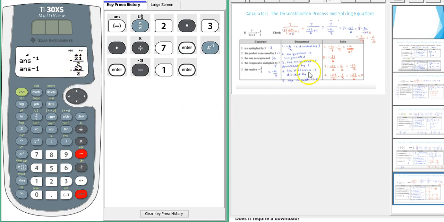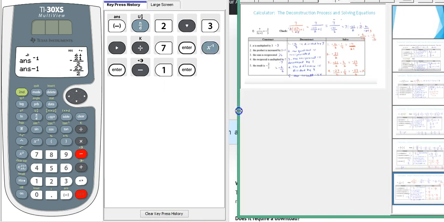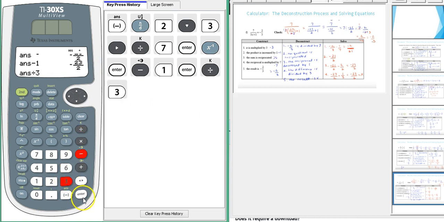Then it says the difference is divided by, does that say 3 or 5? The difference is divided by 3. So this is my difference, and I'm just going to hit divide 3, enter. And we have -23 over 6. And notice this corresponds to our result when we did this by hand.